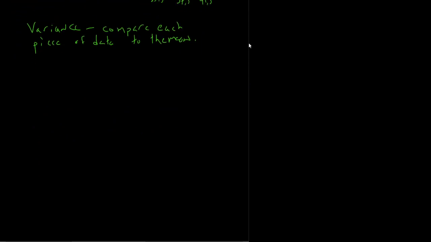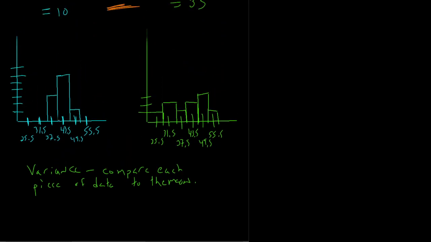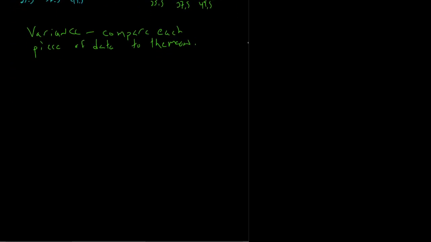And so the idea that we want to look at is we want to think of each piece of data. If I come over here and I know my mean is around here, then one piece of data in here has a distance away from the mean. It has some variation away from the mean. And so we want to kind of quantify that. And so the first thing we're going to define is just a deviation. Now, the book uses the word deviation of x for the data.